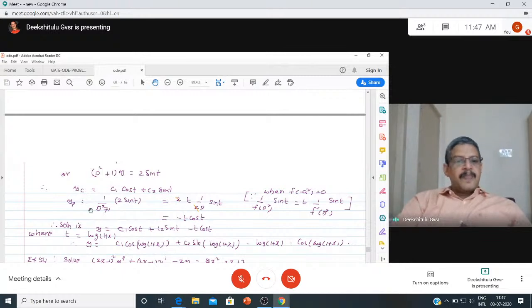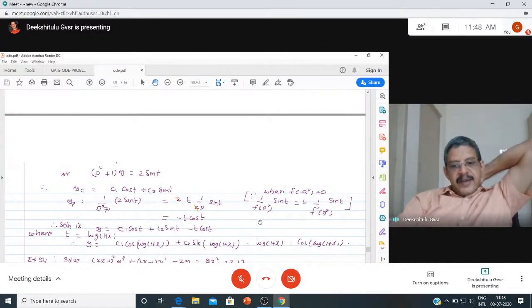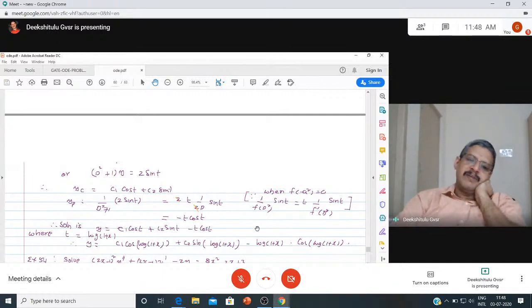So 2 comes out, t also comes out, 1 by f dash(D square). f dash of D square is the derivative of D square, which is 2D, sin t. So 2 gets cancelled, t into 1 by D sin t. 1 by D is integral, so the integral of sin t is minus cos t. So the solution is y is equal to c1 cos t plus c2 sin t minus t cos t, where t is equal to log(1 plus x).